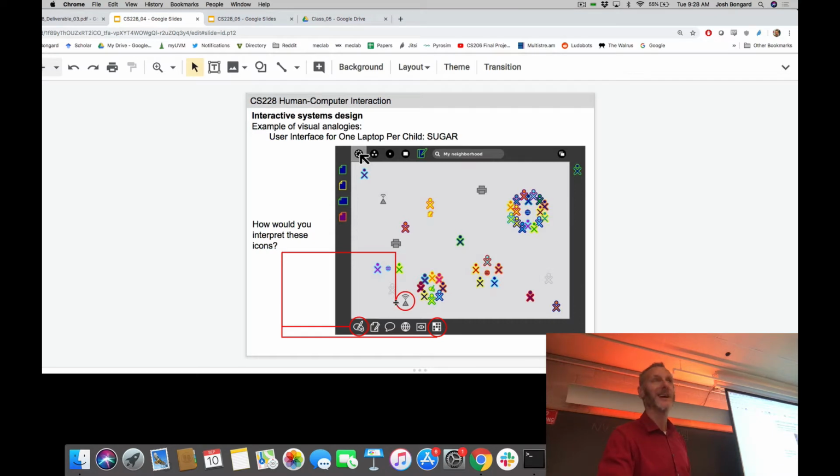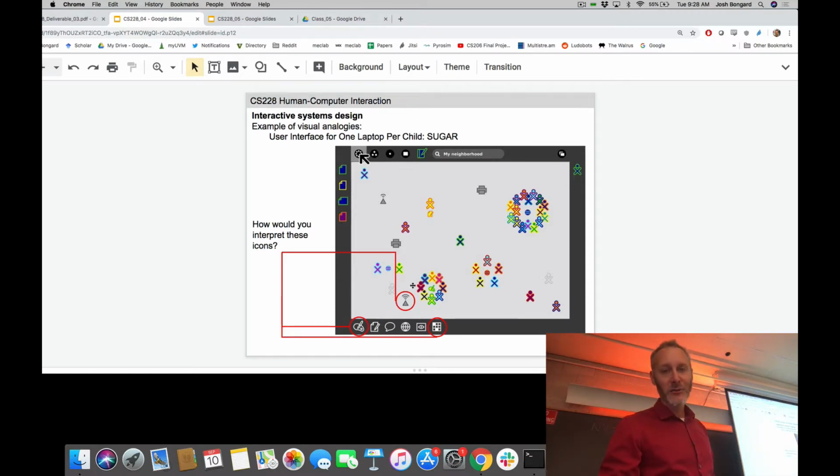Let's go back to this example here. What about this particular icon here? Like a volcano. Volcano, right? They picked South America on purpose, right? Not only do a lot of children, again, depending on where they are in the world, if they haven't seen an icon for a wireless tower before, if you see a big triangle with stuff coming out the top, that's probably what it is.